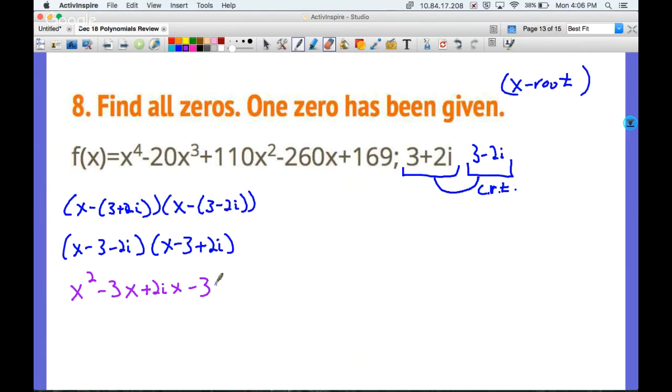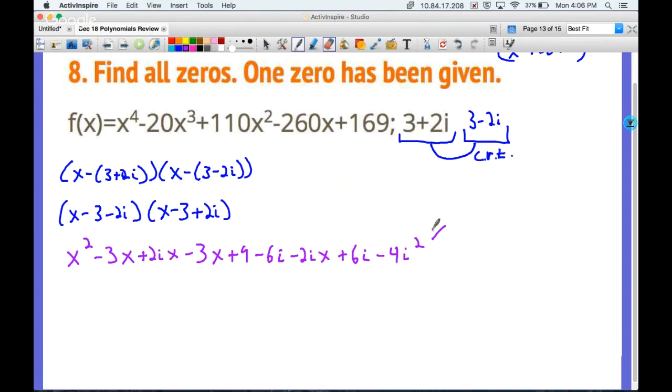Middle term to all 3, -3x plus 9 minus 6i. And then the last term, we get a -2ix, positive 6i. And then -2i times a positive 2i is going to be a -4i squared. That's going to become a positive 4 because i squared equals -1.